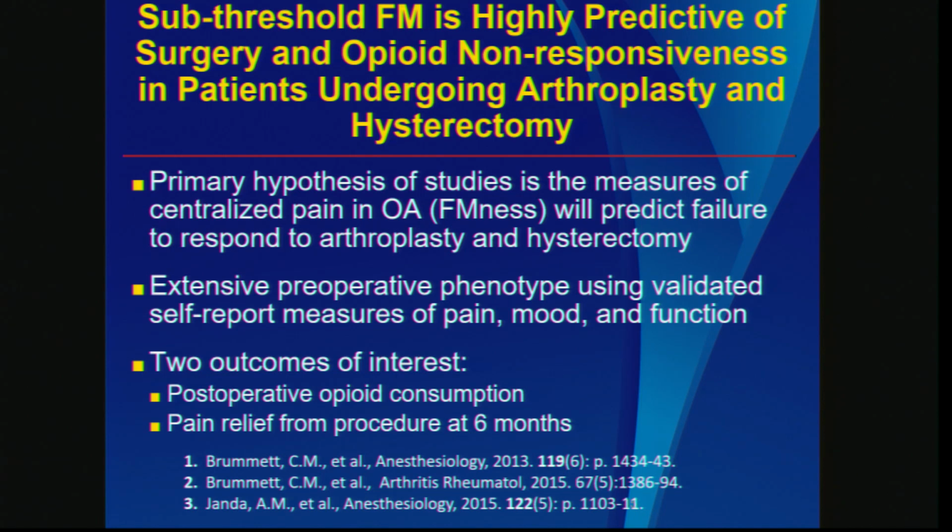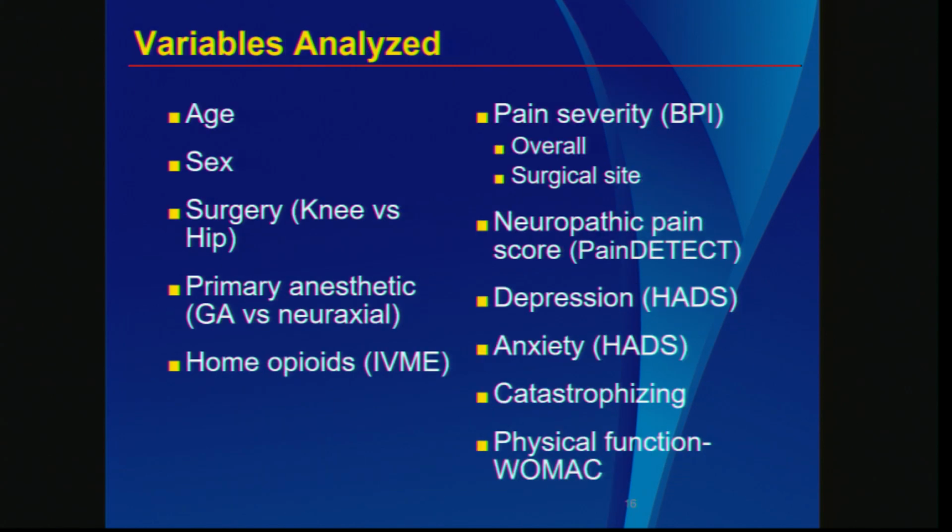The studies that I'm going to present to you were done in people getting knee and hip arthroplasty, but we've actually done almost identical studies and had almost identical findings in women getting hysterectomy for chronic pelvic pain. In these studies, we postulated that individuals getting knee or hip replacement surgery would be less likely to respond to that surgery and less likely to respond to the opioids administered immediately after the surgery to control their pain.